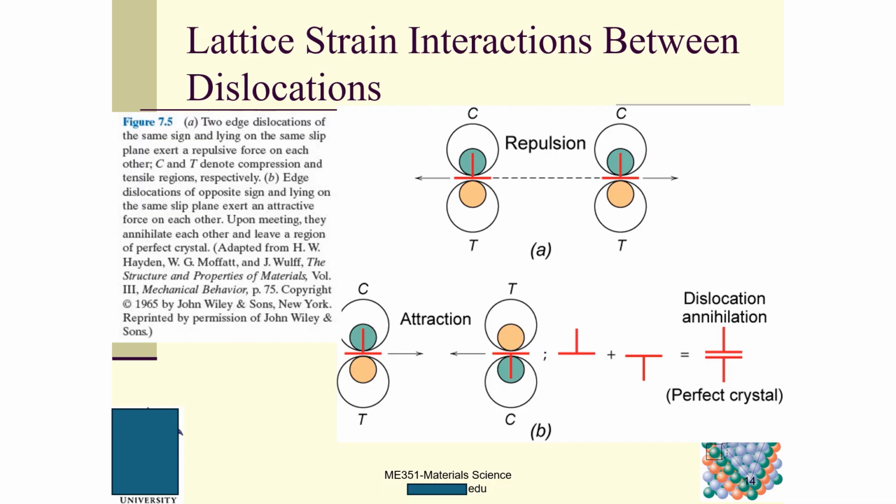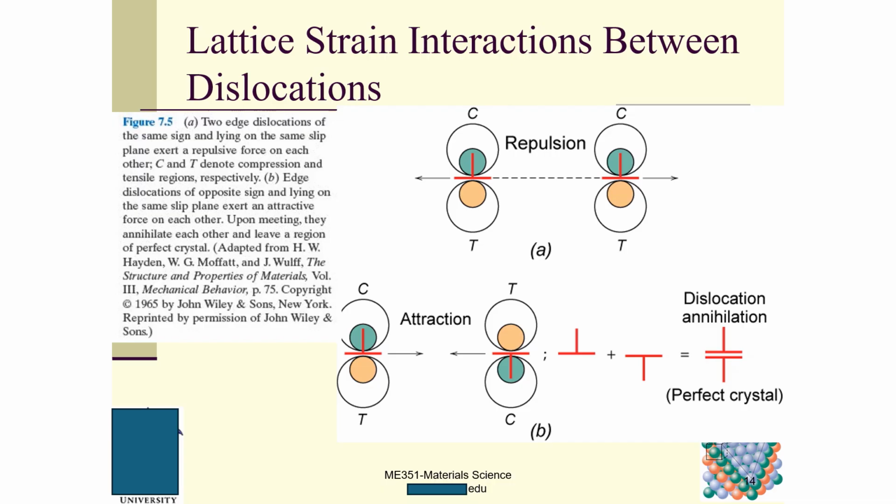Then we talk about lattice strain interactions between dislocations. Here this is repulsion, and this one is attraction, right? Suppose we have a dislocation here in this direction, and this is a dislocation in the other direction. If the two dislocations attract each other, this half plane and this half plane, the top half plane and the bottom half plane, will form a full plane.